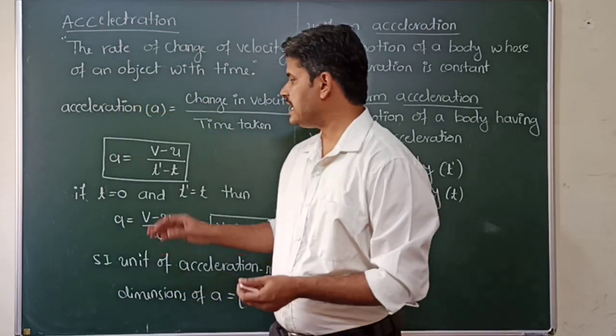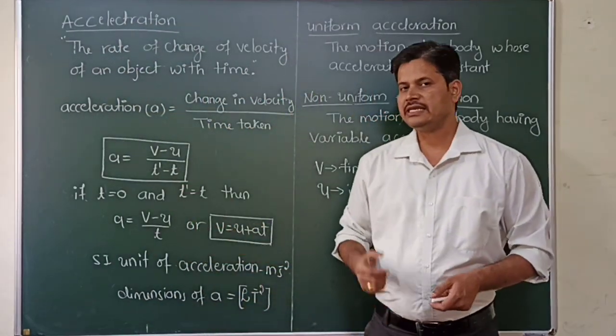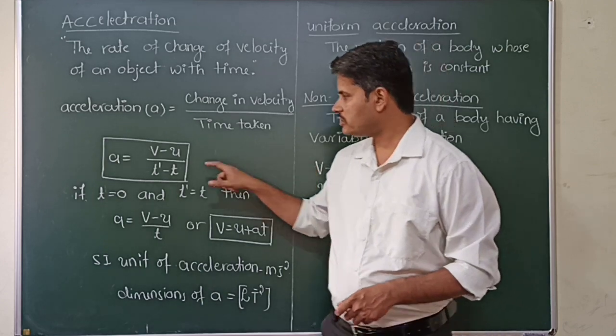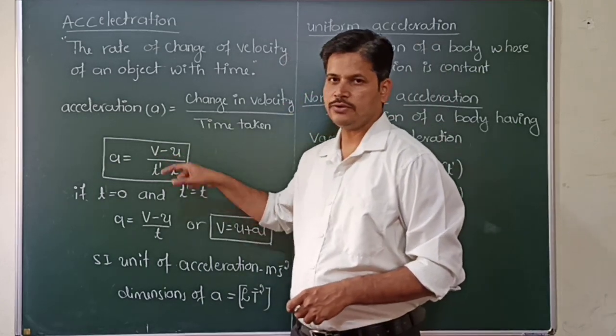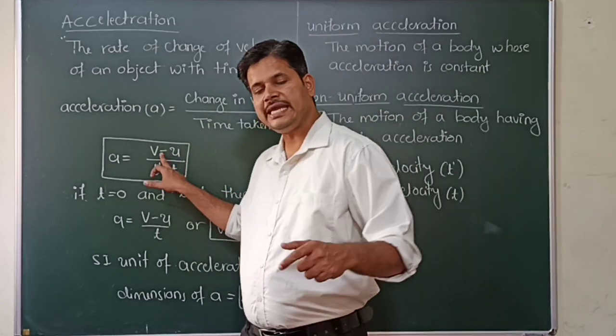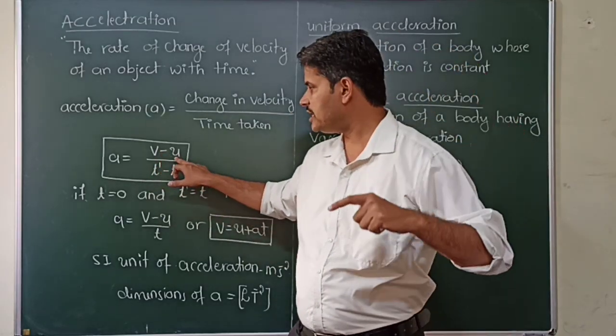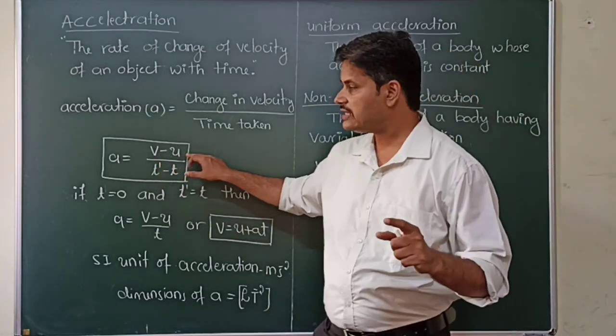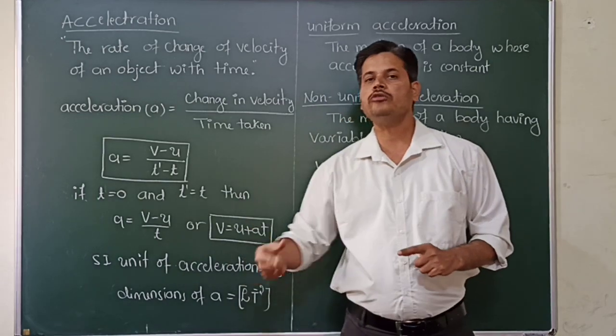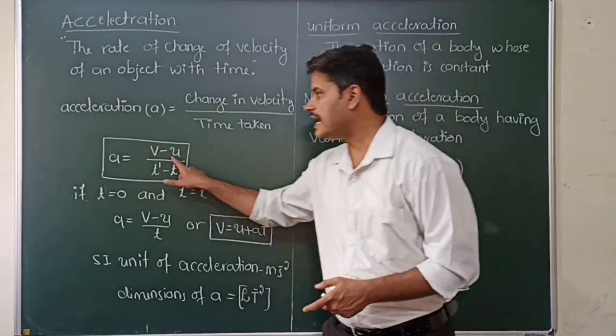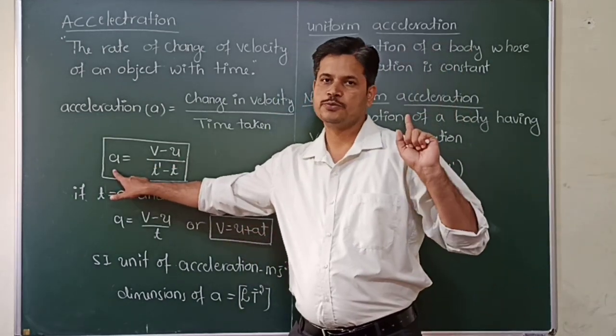When this acceleration is positive and when it is negative all depends on the value of v minus u. If the final velocity is greater than the initial velocity and the initial velocity is along the positive x-axis, then a is positive.